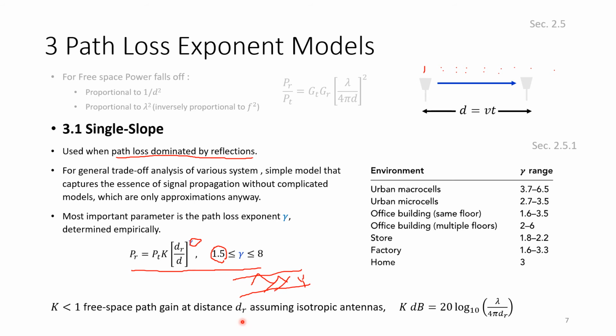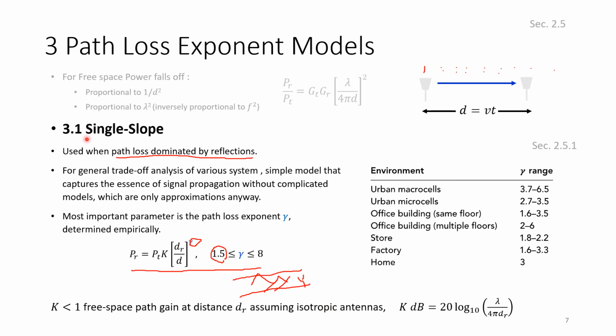So once again, K is less than 1. Free space path loss gain at distance dr, assuming an isotropic antenna, K would be given by the following equation. So K is less than 1 if we have an isotropic radiator.